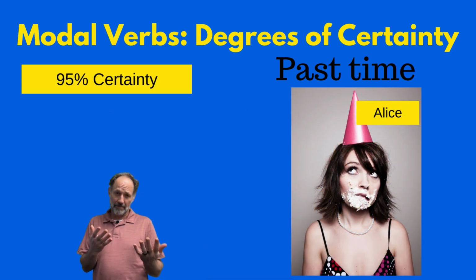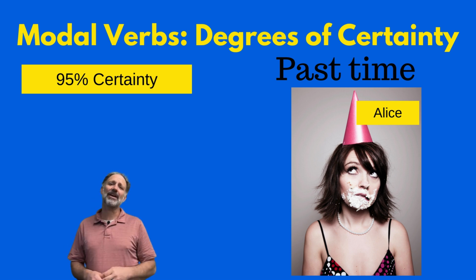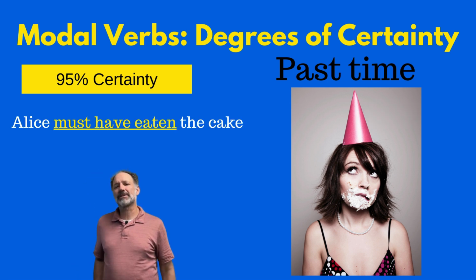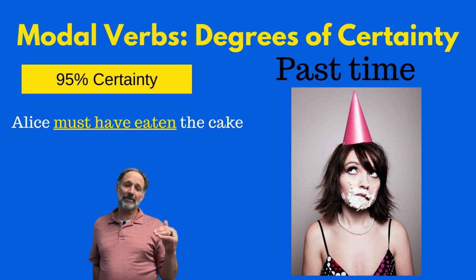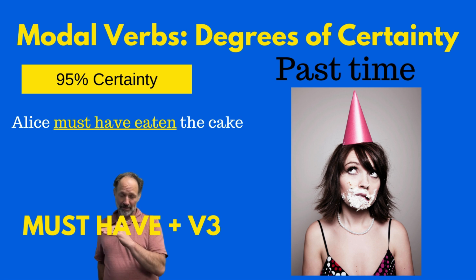I'm going through some pictures from last night, and I see this picture of Alice taken late last night. Clearly there's cake all over her face. So then I'm 95% sure that Alice ate the cake. And the modal verb I can use in that case is must have plus the past participle.